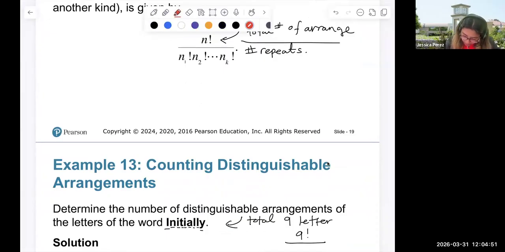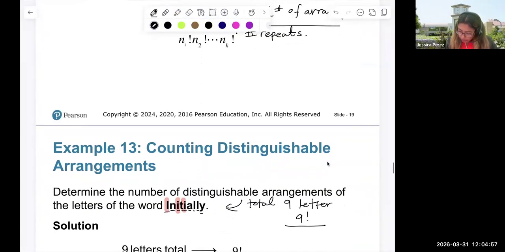Which letters repeat? I: 1, 2, 3, there are 3 I's, so it's 3 factorial. N and L would be twice. And then 2 L's, so 2 factorial. A doesn't repeat, Y doesn't repeat, and the other letters don't repeat. So the only repeats are on the bottom.